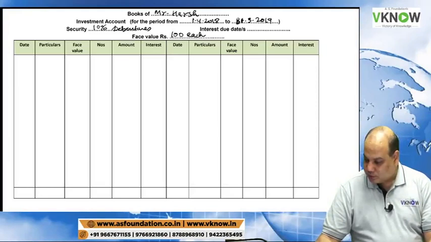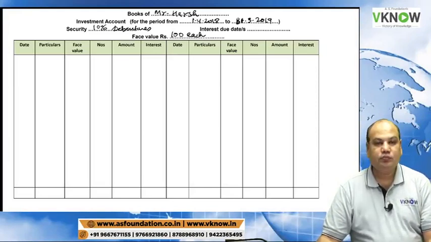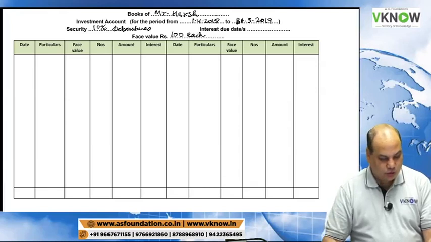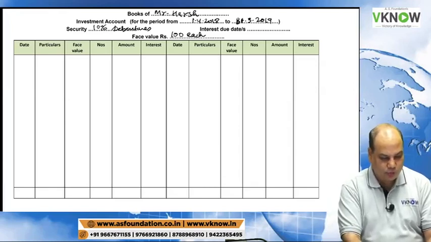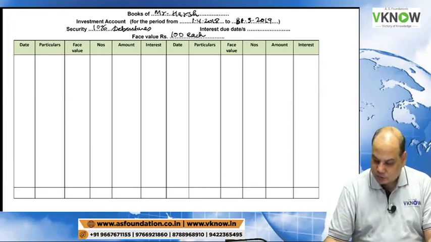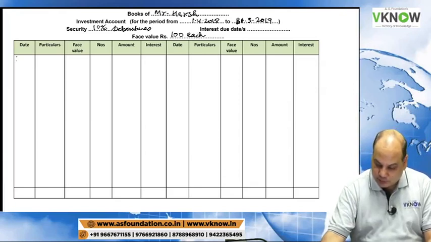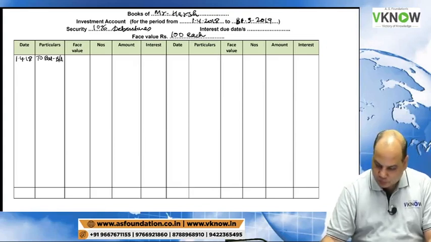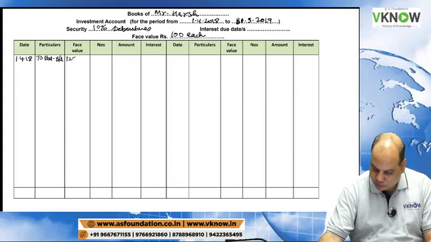So we will now complete the answer. This is my main format. I hope all of you will follow me. 1st April 18, to balance brought down. Face value 12,50,000.